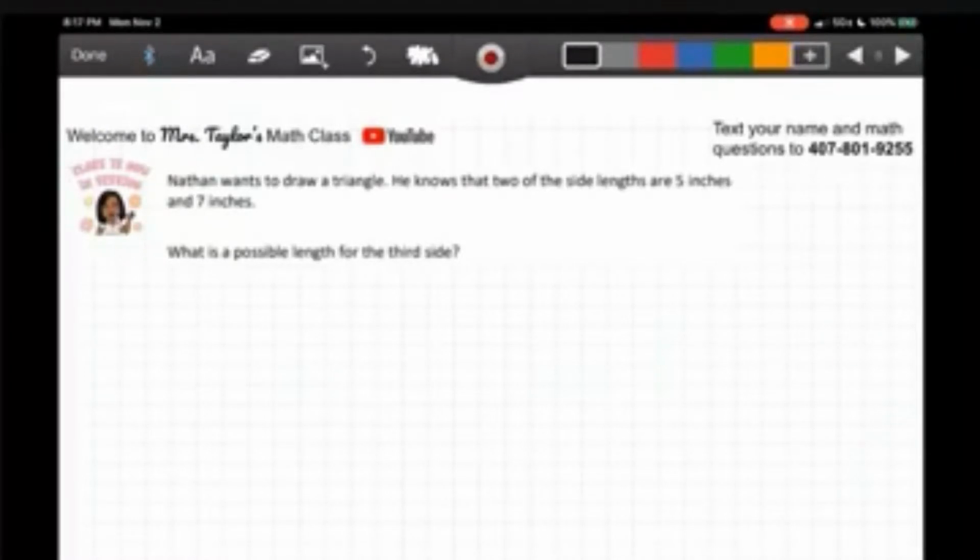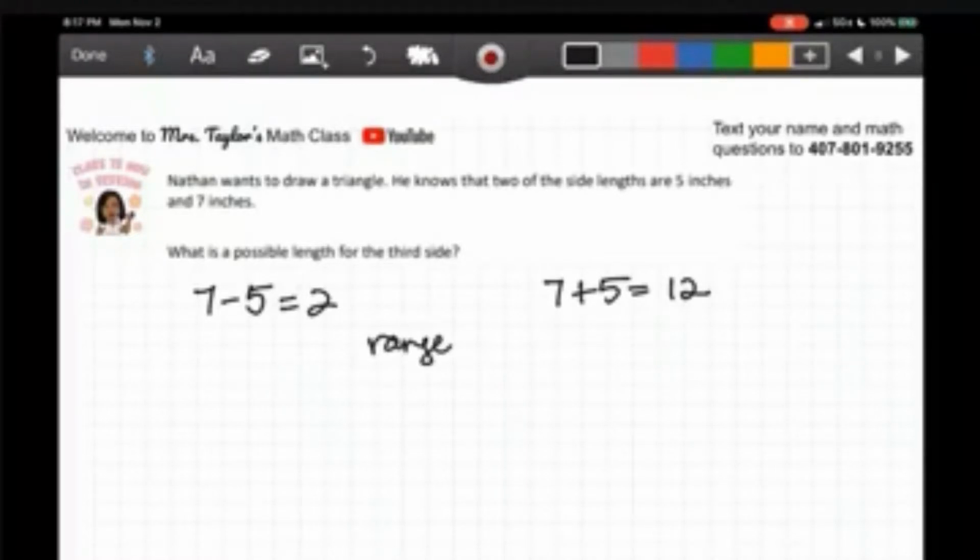So to actually find the range, you take your two side lengths, and you're going to add them together, and you're going to subtract them. So to get the lower number, you'll say 7 minus 5, and you'll get 2. To get the higher number, you'll say 7 plus 5, and you'll get 12. So the range of lengths goes between 2, and I'm going to write it as an inequality, and 12.